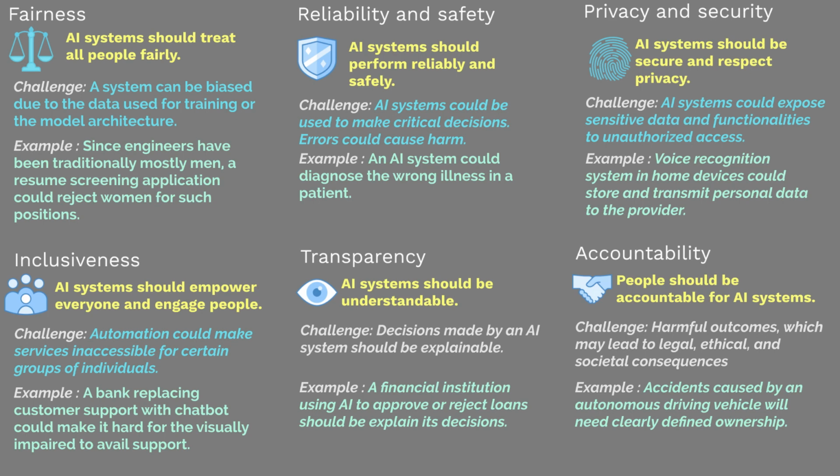So let's talk about fairness to begin with. The overall goal is to make AI systems that treat people fairly. The challenge is that an AI system can be biased. Why does an AI system get biased? Because sometimes you might use data that is not representative of all the people on the planet Earth, or it might be that the model itself is somehow biased because of its architecture.